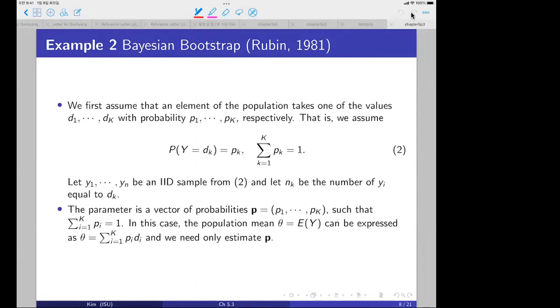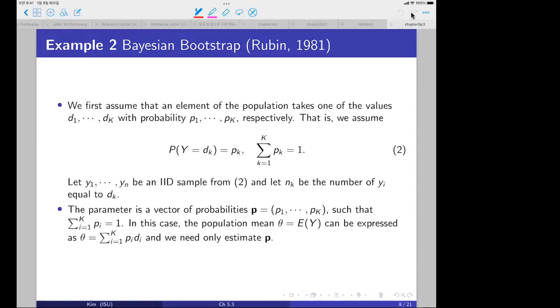So the idea is, suppose we take the sample as given, and the point mass associated with the observed data can be non-parametrically modeled as a multinomial, P1 to Pn.